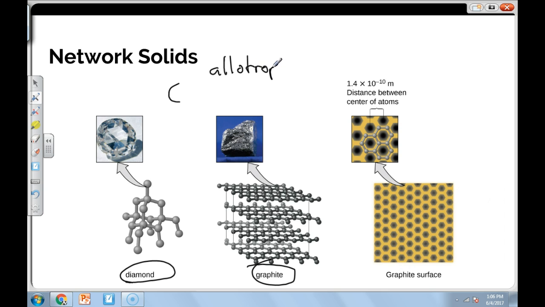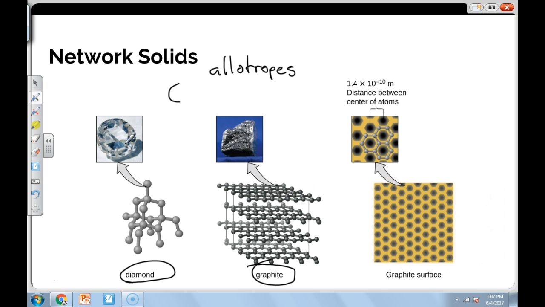It's the same element, but found in different forms. Okay, and so it's kind of like isotopes, but it's an element that's found in different physical forms. And so you can see here the representation of all of these different network solids, all these atoms.